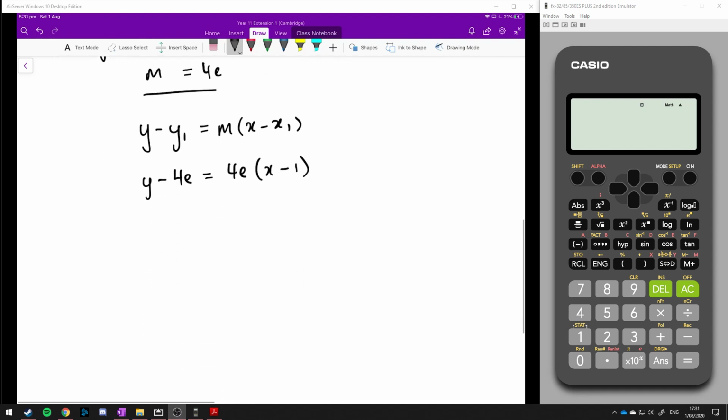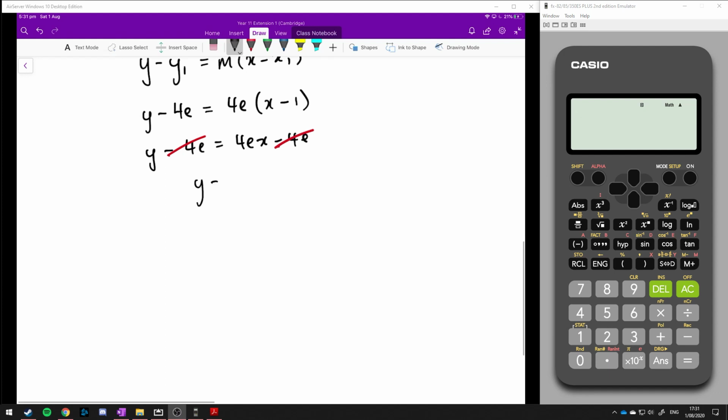I'm going to expand the right hand side, and that's going to give us 4ex minus 4e, and you can see that we've got a minus 4e on both sides, so we can cancel those out. And so that means our equation of the tangent is y is equal to 4ex, where 4e, remember e is just a value, so 4 lots of that times the x value. That's the gradient of our tangent, so that's the line of our tangent, that's the tangent itself.